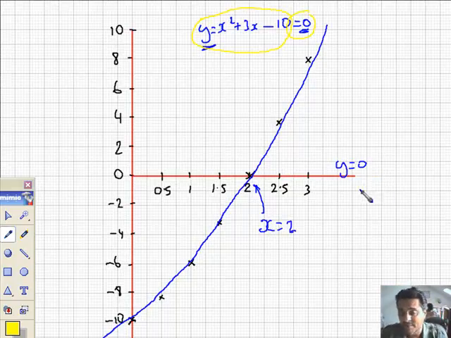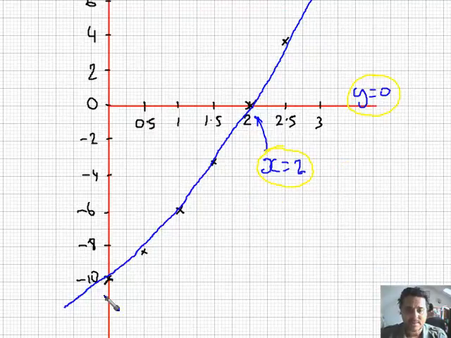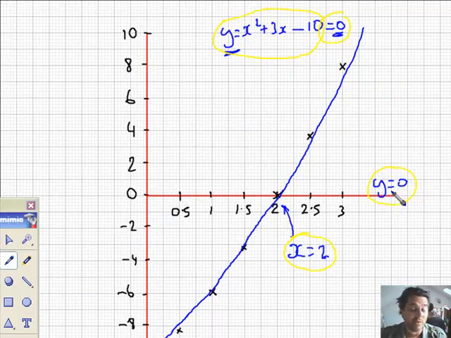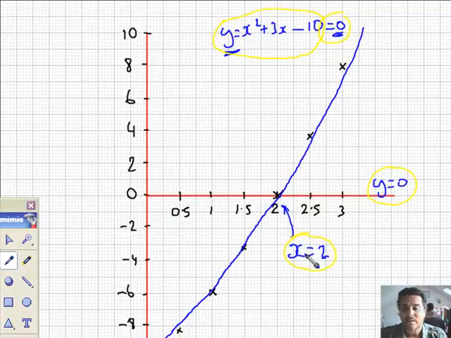A line is a graph, makes no difference. I've already done that and labelled it just there. So where does x squared plus 3x minus 10 equal 0? Right there. And the solution is x equals 2. Where the blue line crosses my red x-axis, better known as the line y equals 0, we have the value of x equals 2.